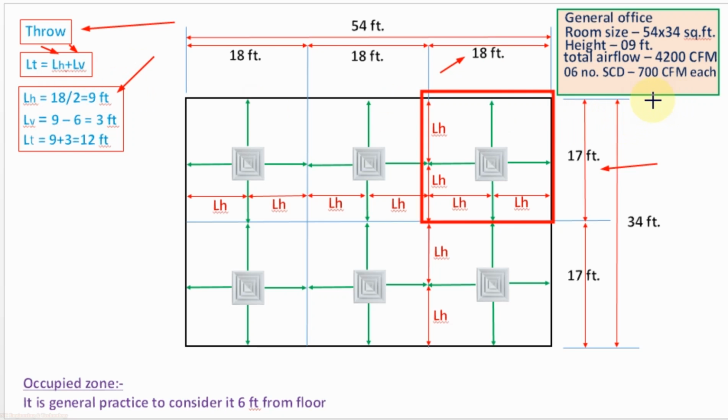Then for the vertical throw, as the room height is 9 feet, and it is general practice to consider 6 feet from the finished floor as the occupied zone, we subtract it from the total height. 9 feet minus 6 feet, the vertical throw will be equal to 3 feet. Then the total throw will be 9 plus 3 equal to 12 feet.